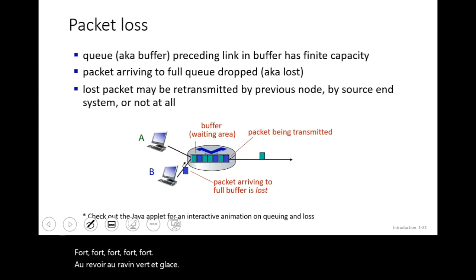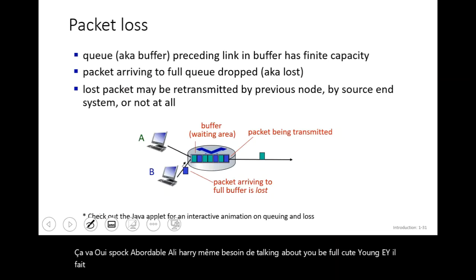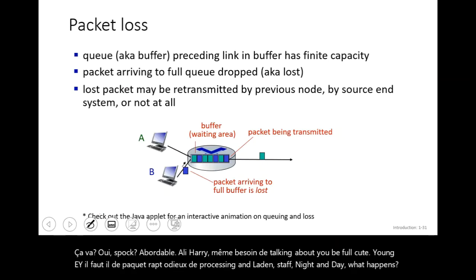We spoke about that earlier, remember, when we talked about a queue being full. If a queue is full, either the packet will get dropped, or the processing will get delayed. That's basically what happens.